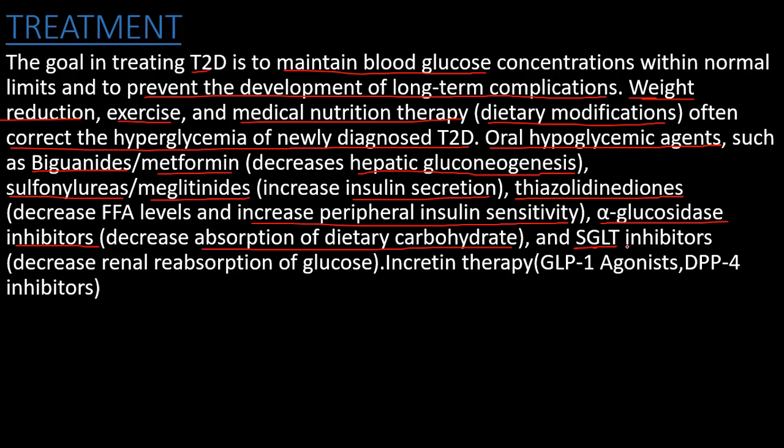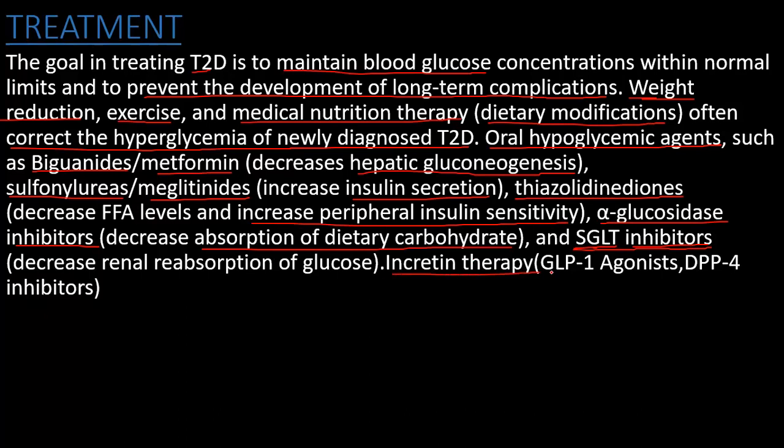So by inhibiting this cotransporter, we increase glucose loss into the urine. So more glucose is secreted via the urine, which can lower the blood glucose levels. These drugs are also known as glycosurics because they promote glycosuria.